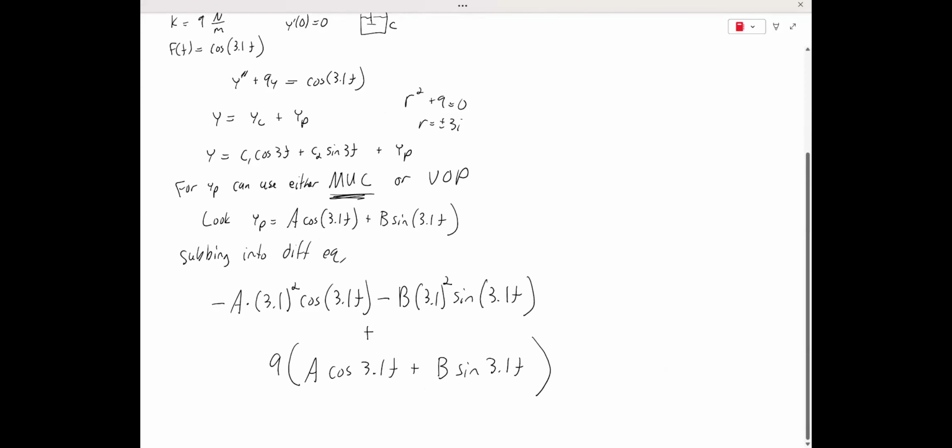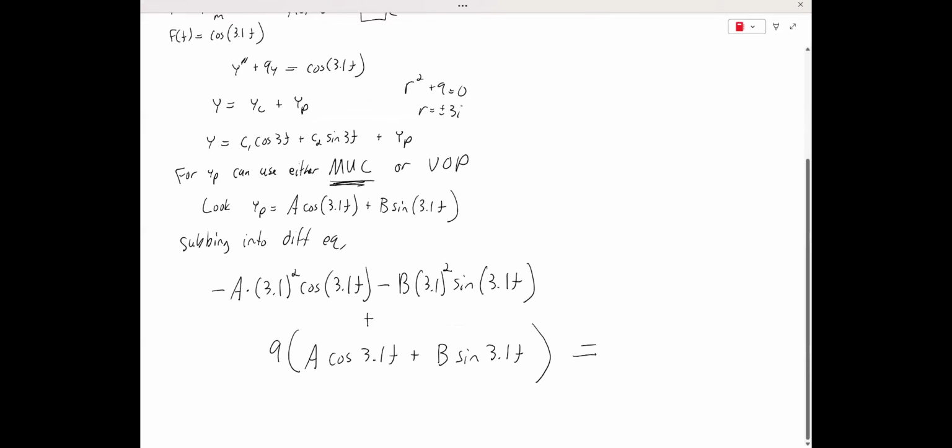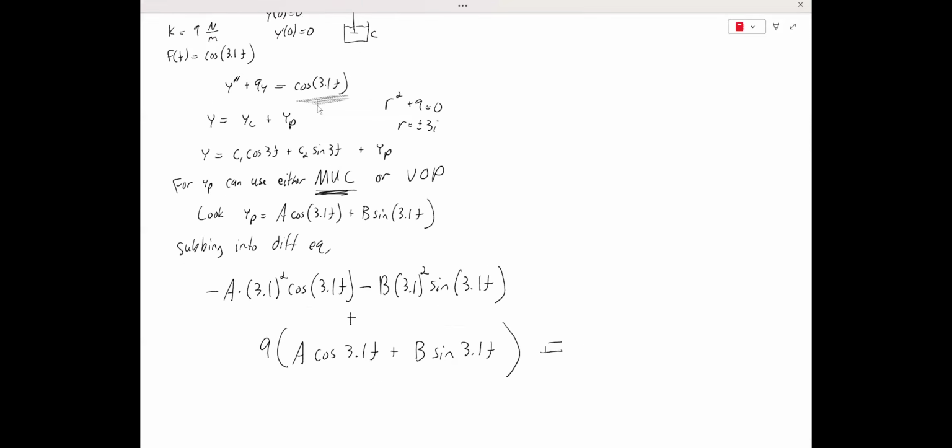See this? Anything there so far, Nat? Okay. If you don't like the way I subbed that in, you could just take a derivative, then take another derivative, and then plug those in. So there's two derivatives of this, and then plus 9 times that. And then that has to be equal to what? That would be equal to, on the right side, this cosine 3.1t.